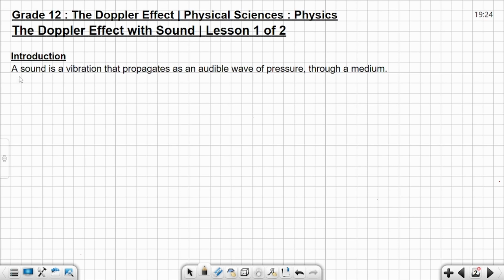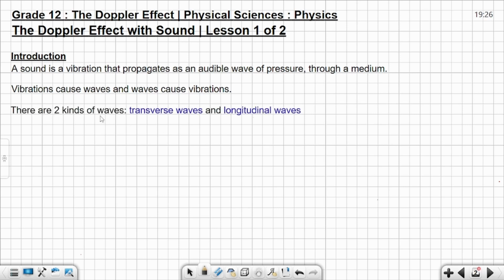So the medium can be air, water, or a solid. And vibrations cause waves, and waves too cause vibration.